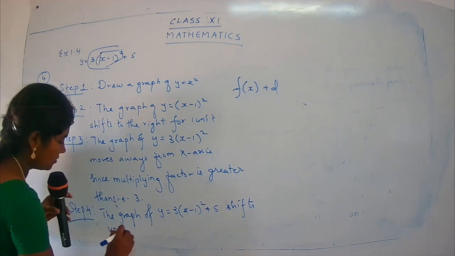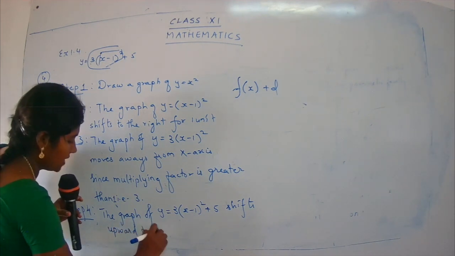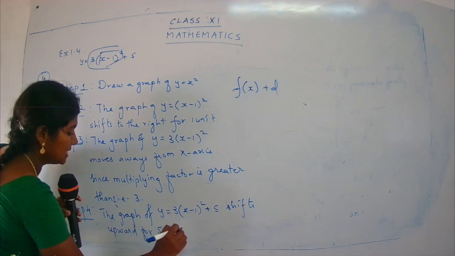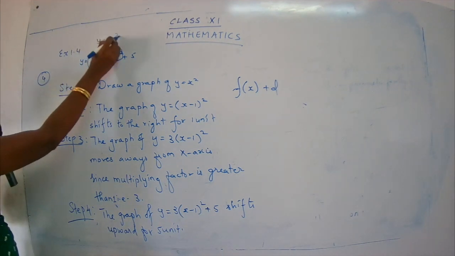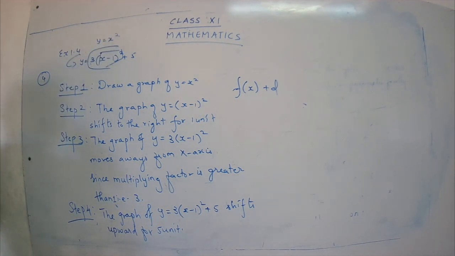So these are the steps that are involved in the process of changing y is equal to x square to y is equal to 3x minus 1 the whole square plus 5. So these are the 4 steps.